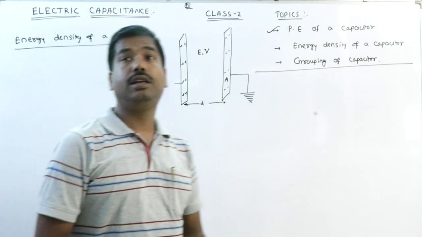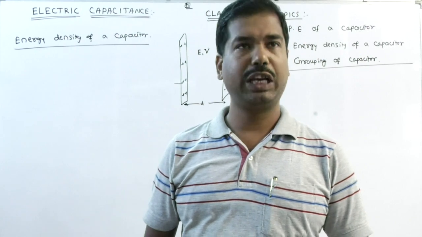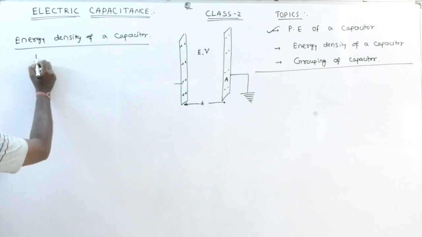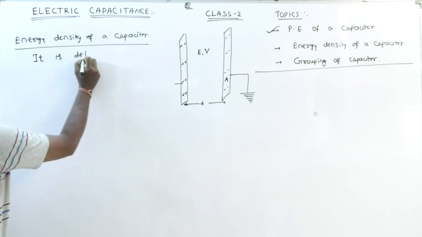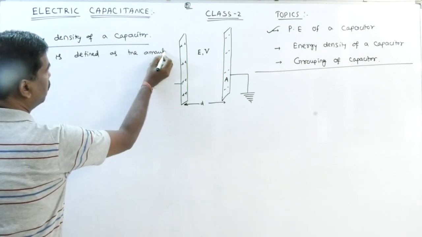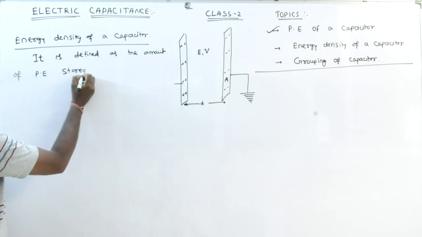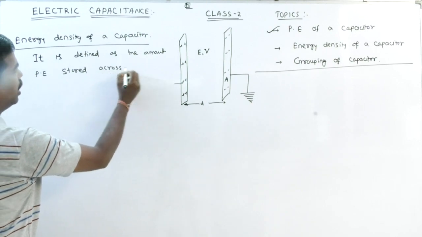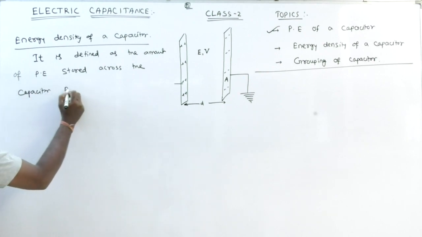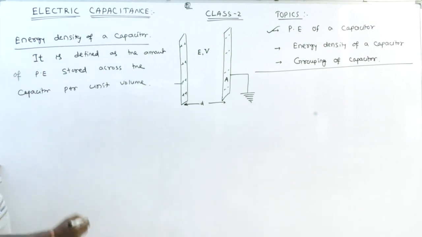Energy density means the amount of potential energy stored per unit volume of a capacitor. It is defined as the amount of potential energy stored across the capacitor per unit volume.